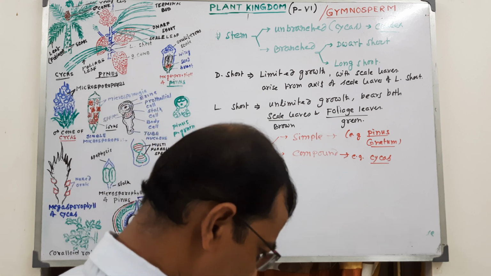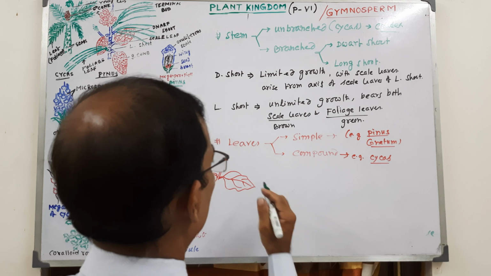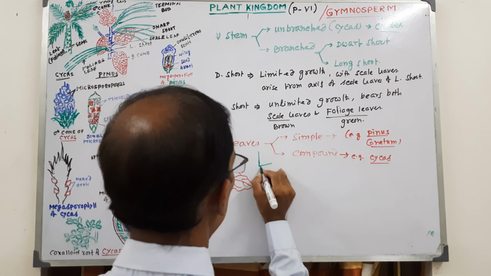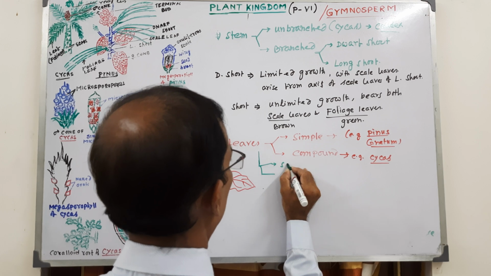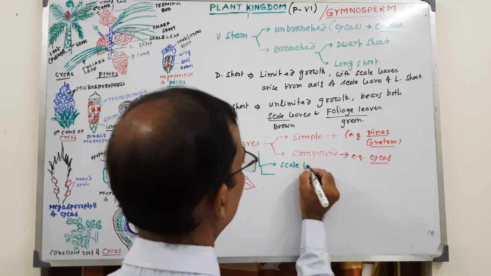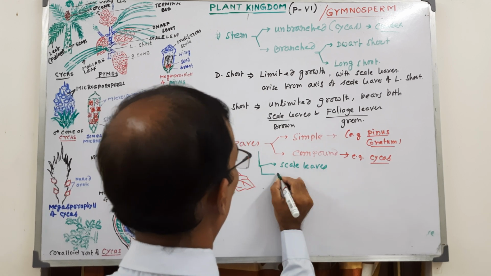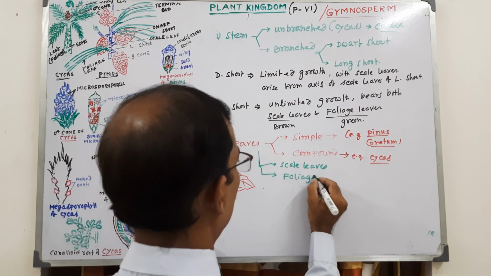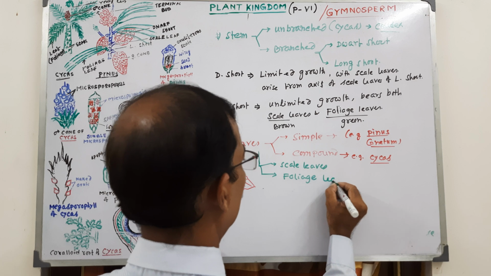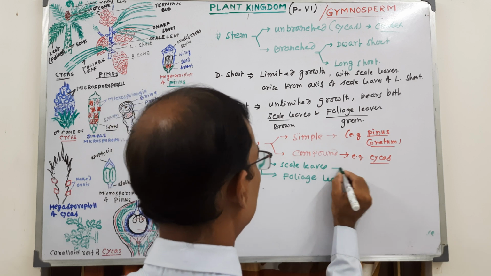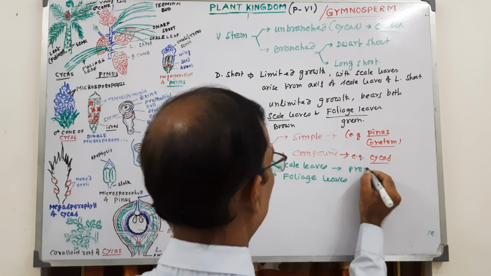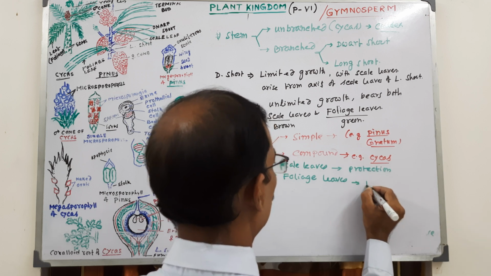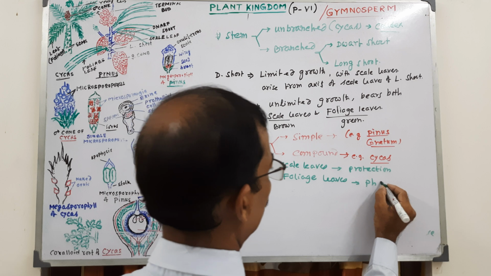Leaves may be scale leaves or foliage leaves on the basis of function. Scale leaves are protective in function, brown in color. Foliage leaves are photosynthetic, that is they carry out photosynthesis.